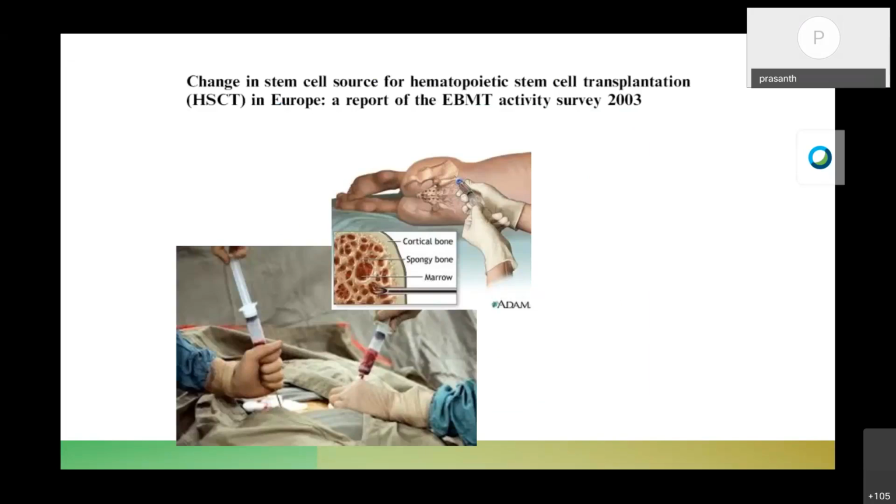When this procedure was first done, these stem cells were harvested from the bone marrow, as you can see in the picture here, just like we do a bone marrow test for diagnosis of hematological cancers or conditions. In a similar way, you can suck out the marrow, which contains these hematopoietic stem cells. This is how the procedure was originally done, and because of that, the common term used is bone marrow transplantation.